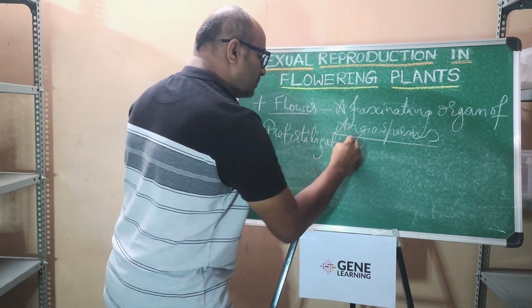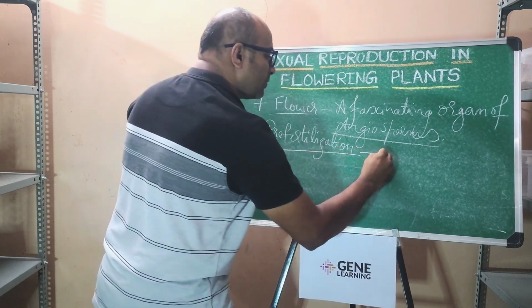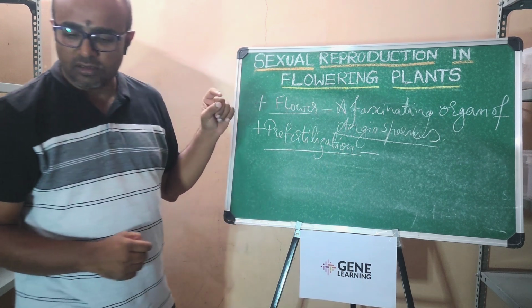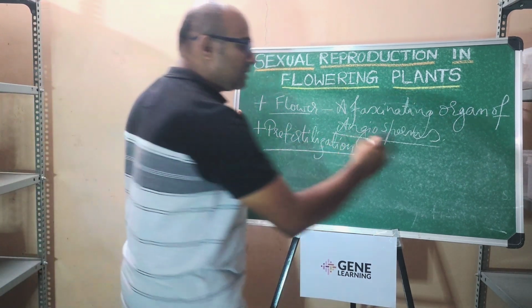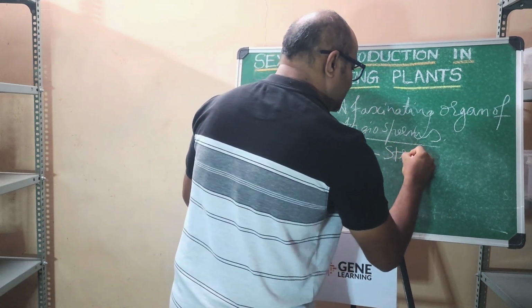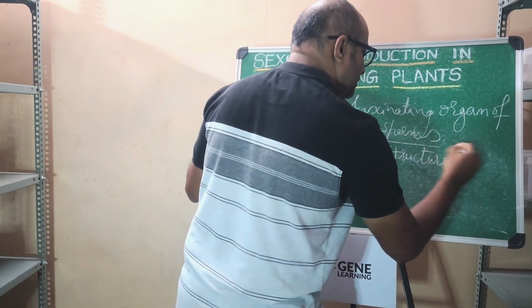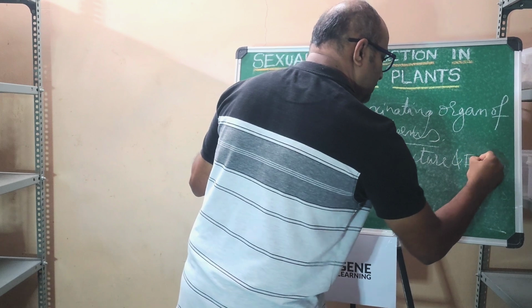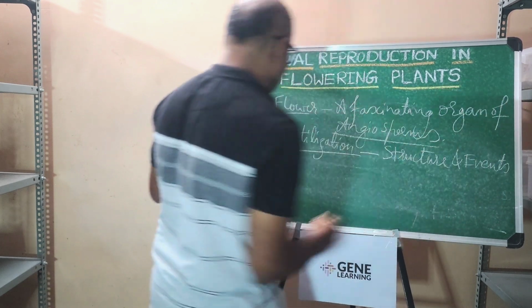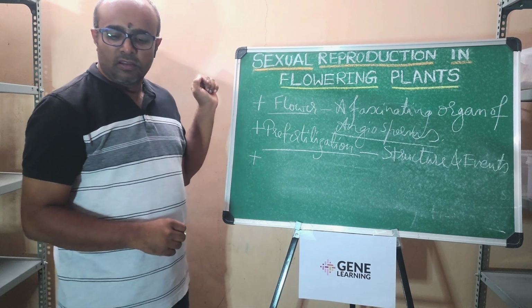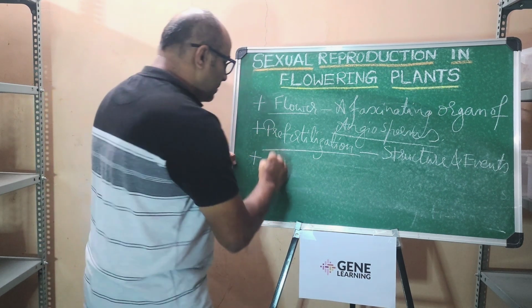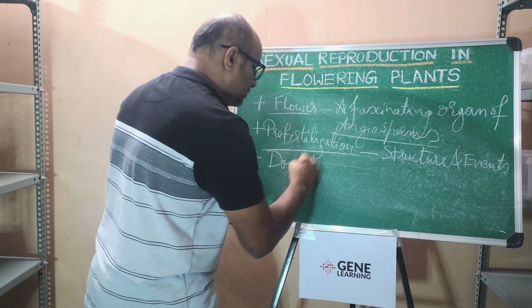Next we have pre-fertilization, structure and events. Then we have what is known as double fertilization.